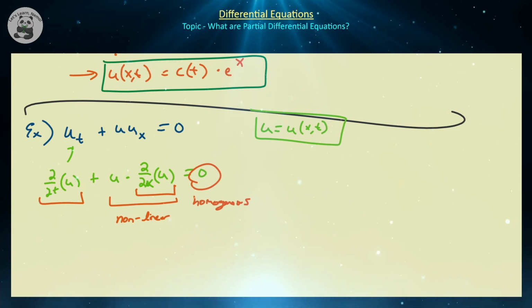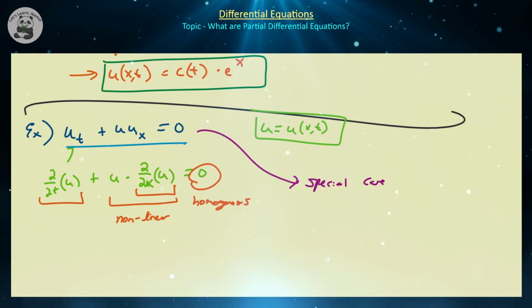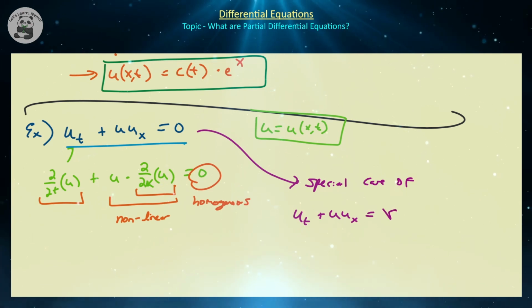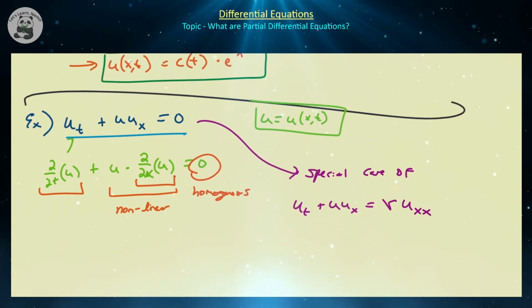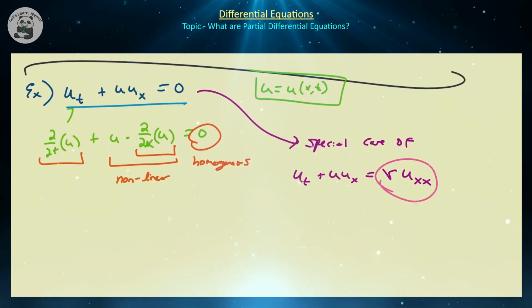But this particular PDE is actually a special case of a more general PDE. So it's a special case of the equation u_t plus u u_x is equal to nu u_xx. So when we talk about PDEs in a little bit more of a physical context, we're going to be calling this a diffusion term.